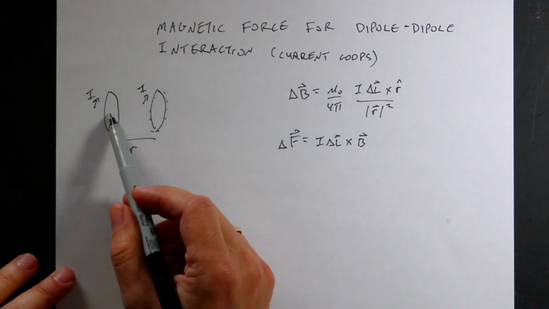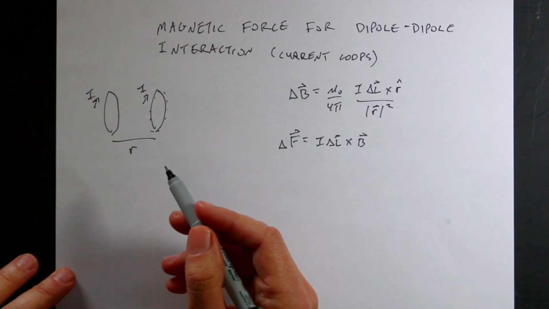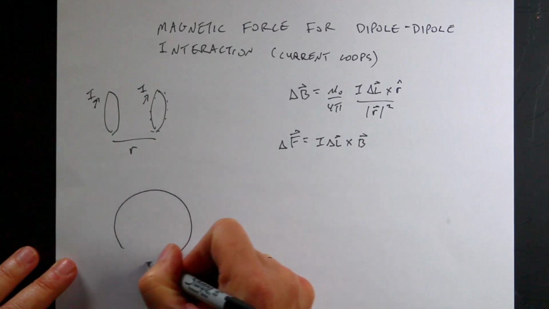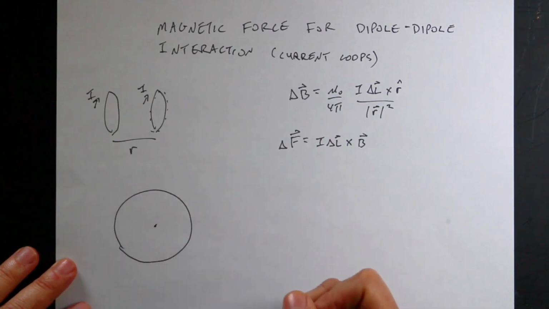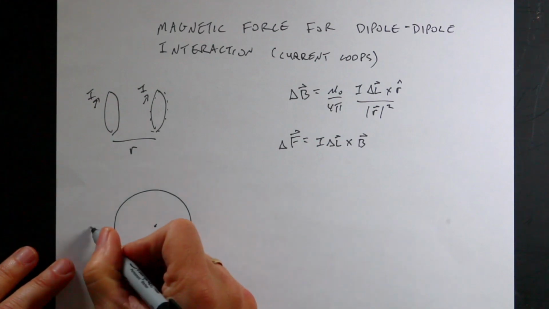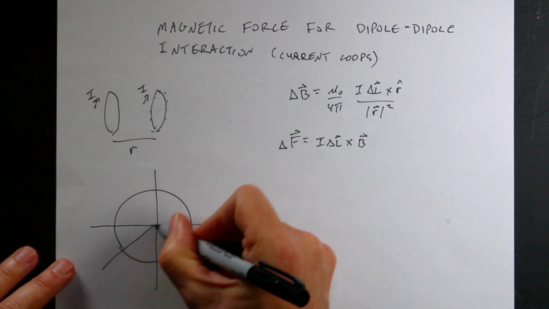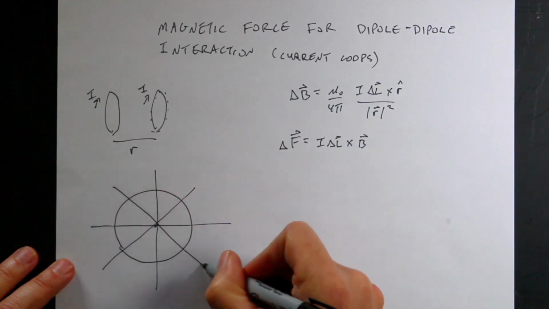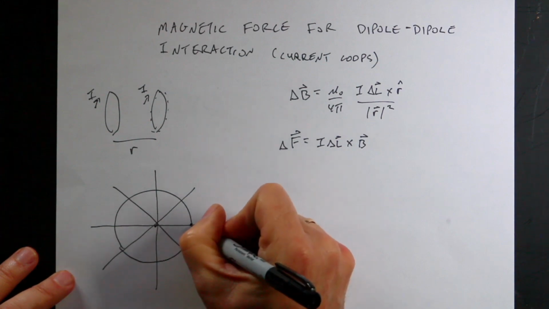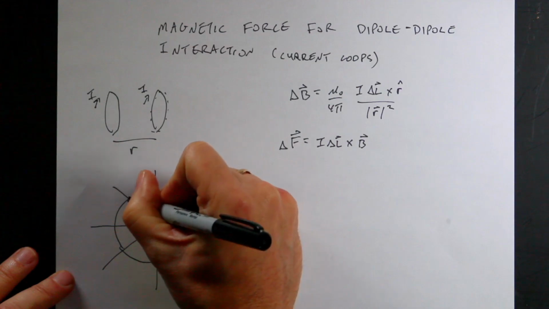Okay, so let's think about a loop of wire. The first thing is I need to break it into finite pieces. So if I have a loop of wire, let me draw it like this. It has some radius R and some current I. Let's break it into 8 pieces because I can draw that really easily. So there are 8 segments of wire in a loop. I can have a piece right here, a piece right there, and I can find these pieces.